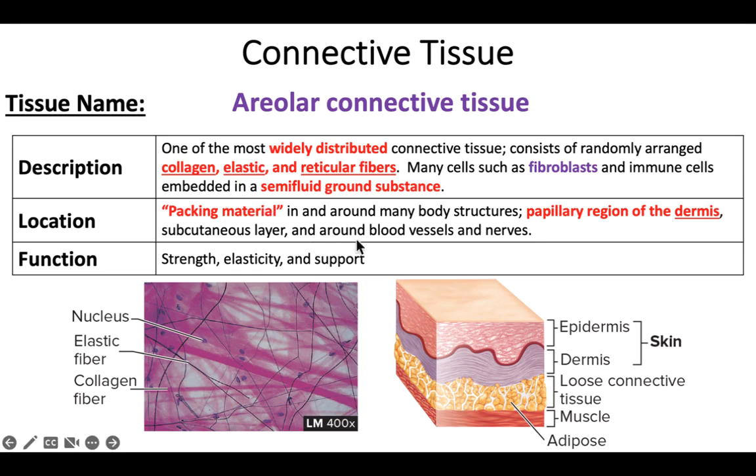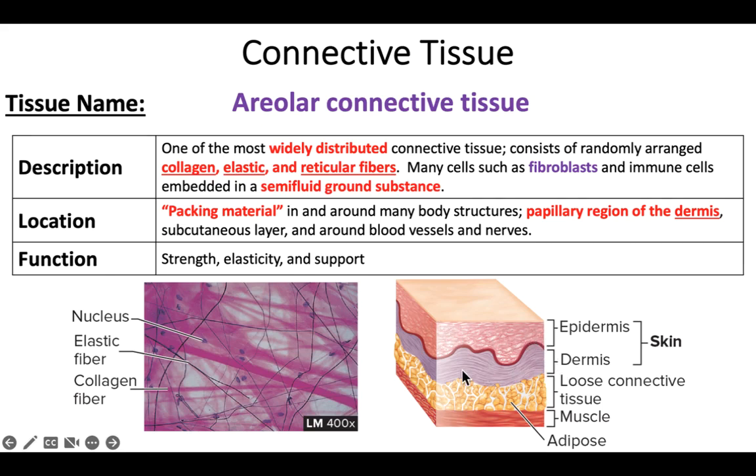Location, again, it's kind of in and around a lot of body structures. A lot of times we might refer to it as kind of packing material or filler material, just where you don't really need any other special tissue, you'll put this stuff there. One of the main areas we're going to get to, again, in the next chapter is the papillary region of the dermis. So this is a kind of a real basic drawing of skin, where you have the epidermis, which you've already learned, that's keratinized, stratified squamous.